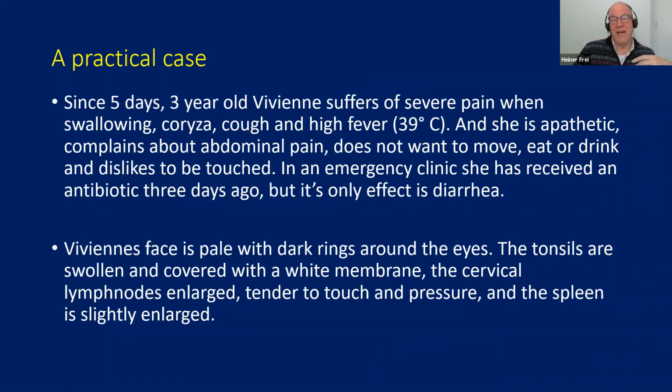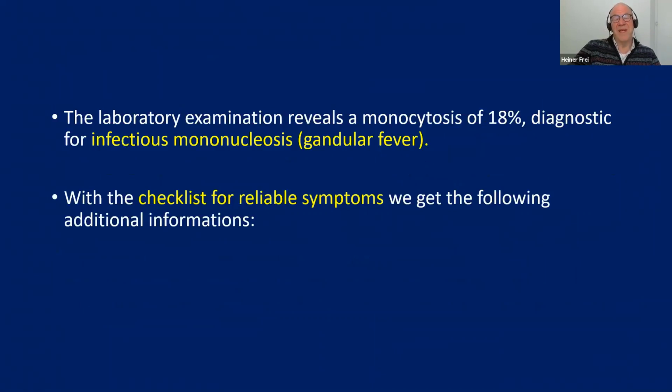So we have a high suspicion of infectious mononucleosis, that is glandular fever. To confirm this, we make a laboratory examination and we find a monocytosis in a blood examination of 18%, which is actually diagnostic for this glandular fever.